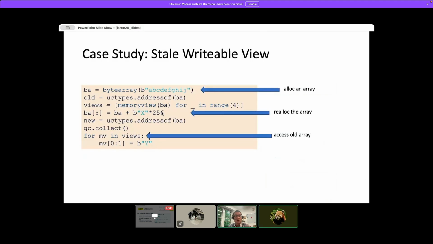Then we realloc the byte array; we're growing it and making it bigger, so we reallocate the array. Then we do a garbage collection. And then we use this old view of the original array. We've still got a handle onto that. We're accessing memory that we possibly should no longer have access to. And this is, of course, effectively a use after free, and a memory safety violation.